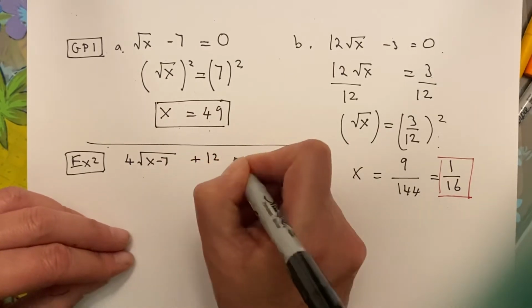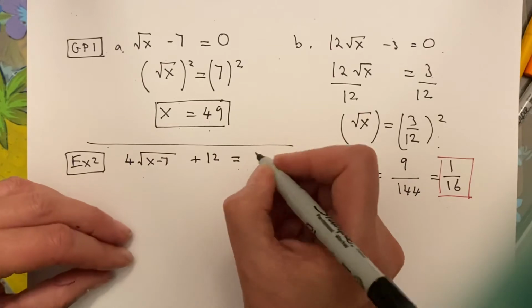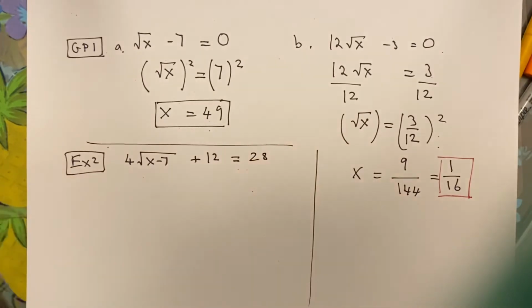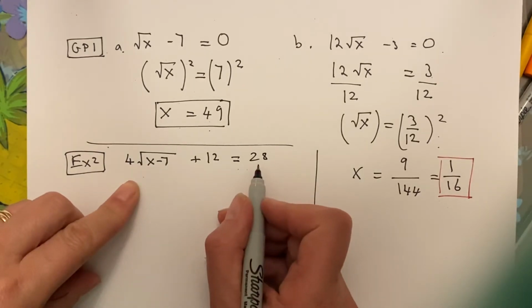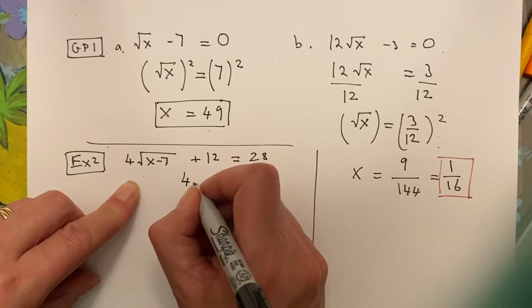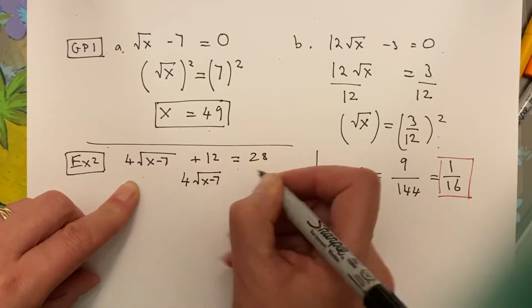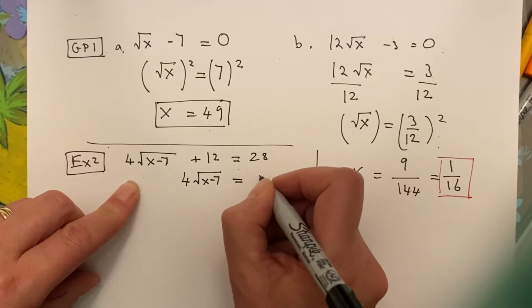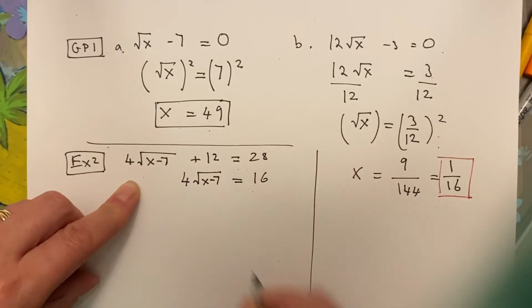Plus 12 equals 28. I'm going to follow the same kind of steps that I just did. My first step again is to get rid of the 12 by subtracting from both sides. So I get left with 4 square root of x minus 7 equals 16.